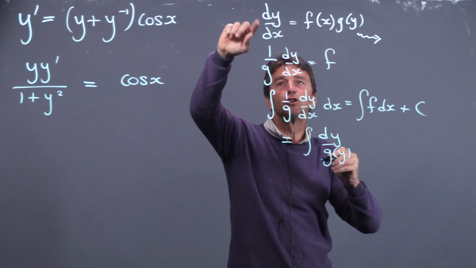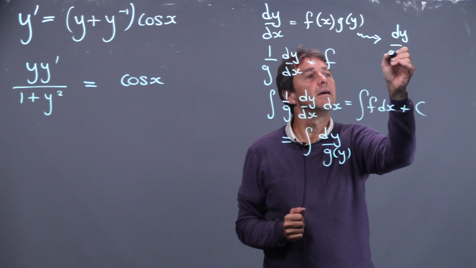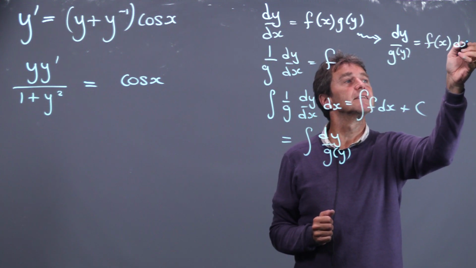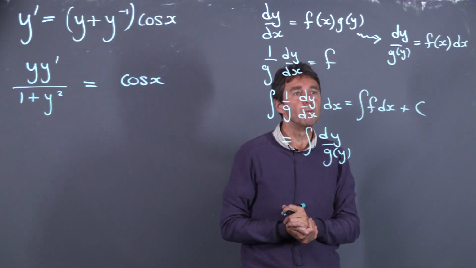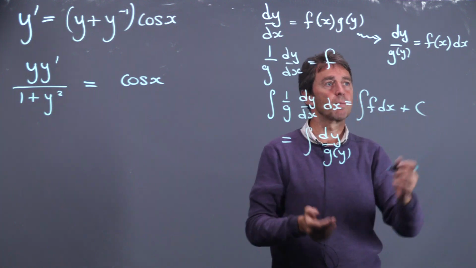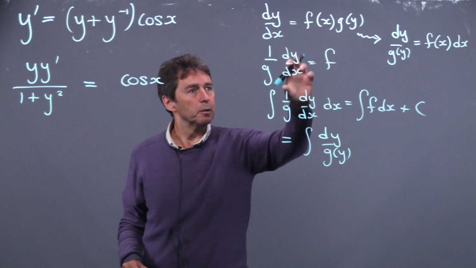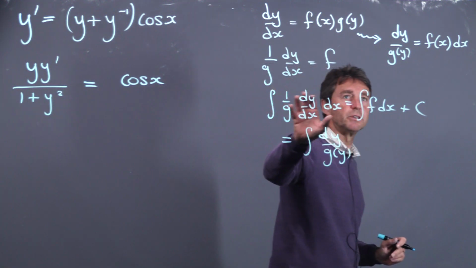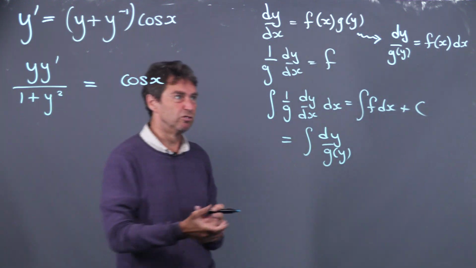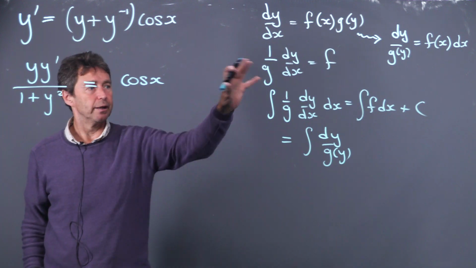If you were willing to chop up the dy/dx, you can write this as dy over g of y is f of x dx. That's like a differential form of that ODE. And now if I just integrate it, I'm back to here. There are just two ways of thinking about it. You either do it this way, keeping the derivative together and then doing a substitution, or you treat it in a differential form, where you split up the dy and the dx. Either way, you get the same thing.